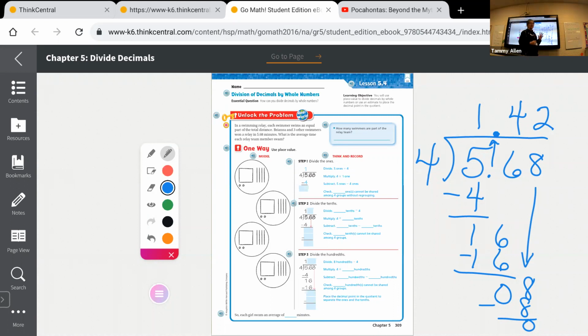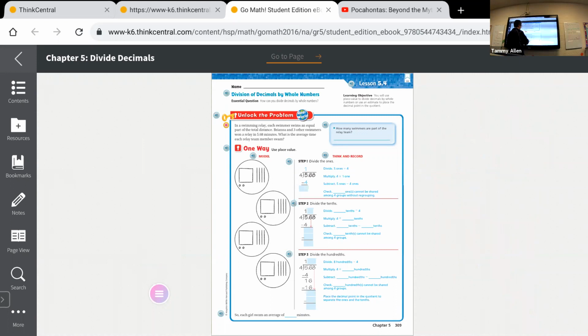So if we had money, we had $5.25 and we're dividing it among 5 people, we would need 5 ones so that we could give everybody a $1 bill. And if we had 25 cents that we needed to divide among 5 people, we would need 5 nickels to give everybody 1 nickel. Does that make sense? Okay? So we're splitting it out as best we can. All right?